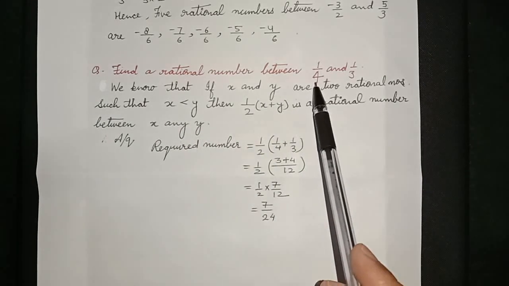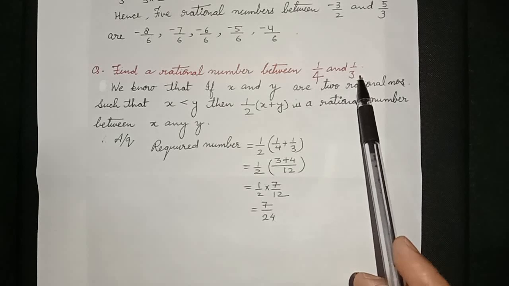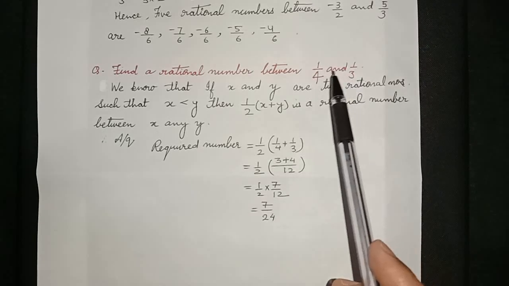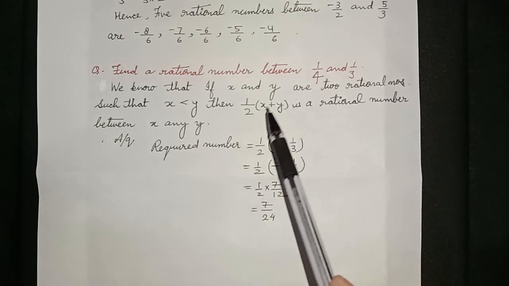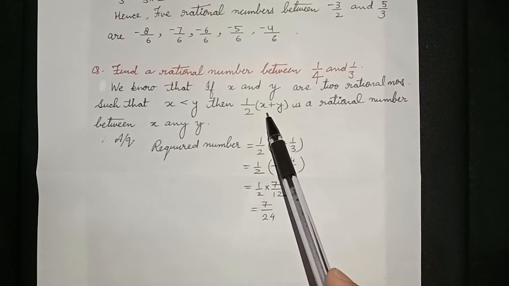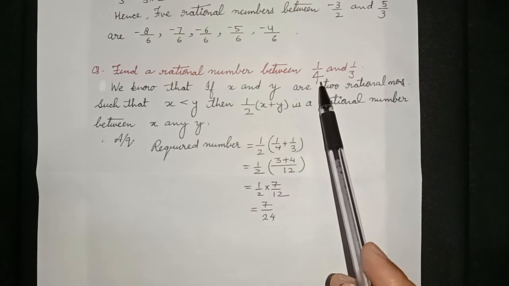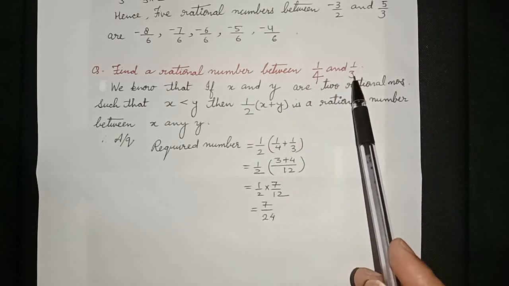So you can see here two rational numbers, 1 by 4 and 1 by 3, and we have to find a rational number between them. So this formula we will use. Here x is 1 by 4 and y is 1 by 3.